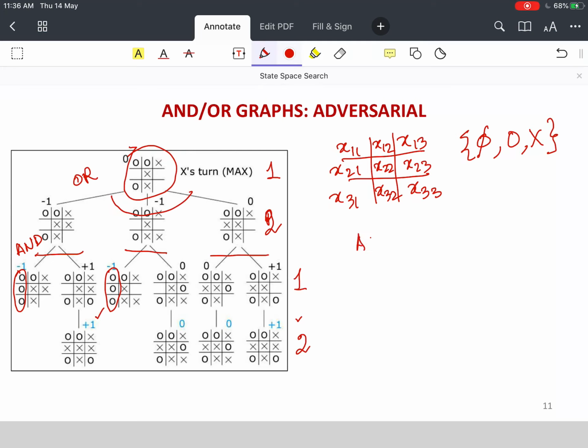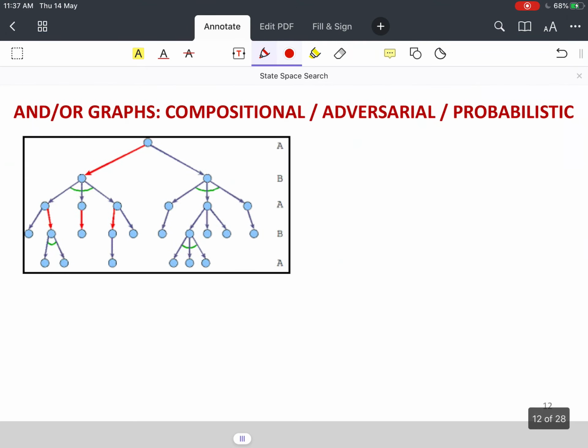So here we create what is called an AND OR graph or an adversarial graph, where player 1, who is the person solving the problem, has got choice in some nodes, but when player 2 is supposed to play, player 1 has to take into account all the things that player 2 can do.